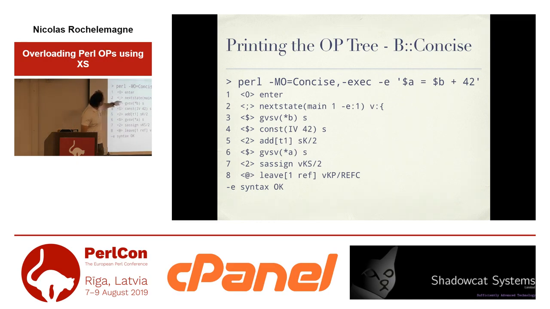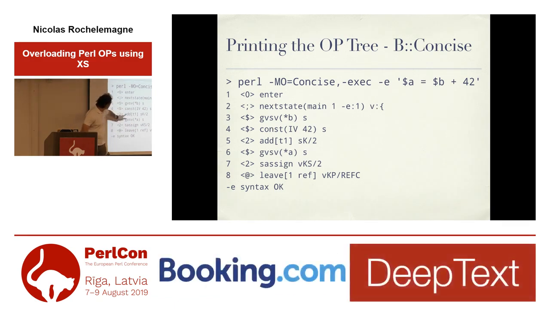And you can see here slightly more detail, where we fetch the SV from the GVB. We have a constant, which is an IV 42. We use the add operation, and then we also fetch the SV from the GVA, and we assign this value to that slot.